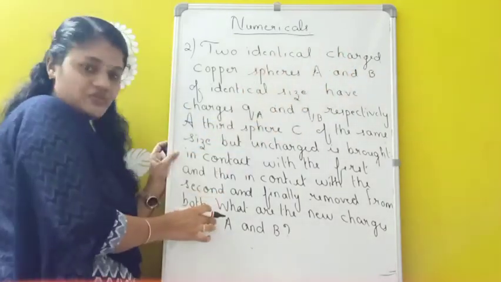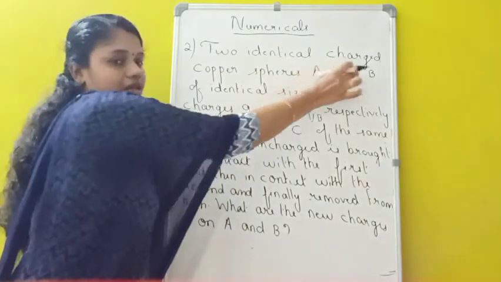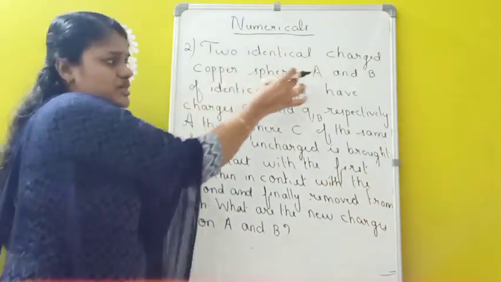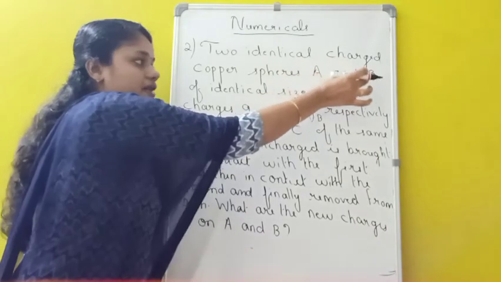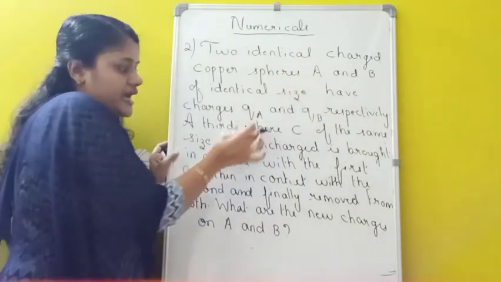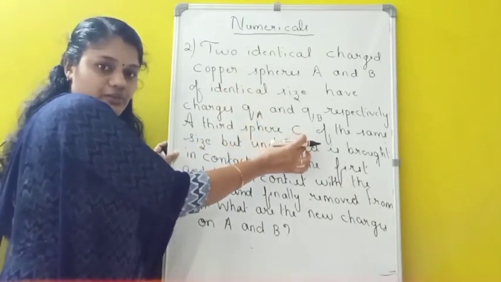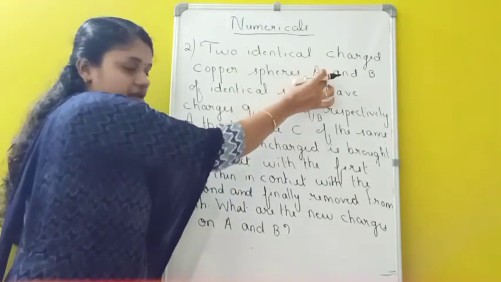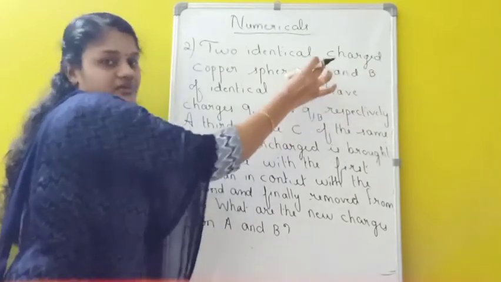B. So what we have to find out? We have to find out the final charge of which one? A and B. So we have two charged spheres A and B. A is having a charge QA and B is having a charge QB and we are bringing another uncharged sphere C. First of all, we are bringing this C in contact with A, and then we are bringing the same sphere in contact with B, and we are removing.